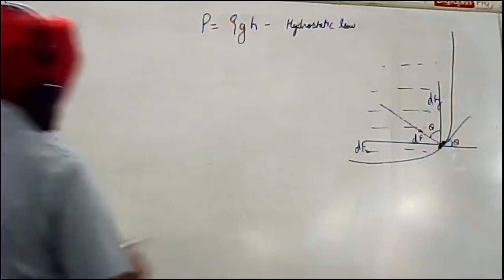This is the pressure according to the hydrostatic law, equal to rho gh.